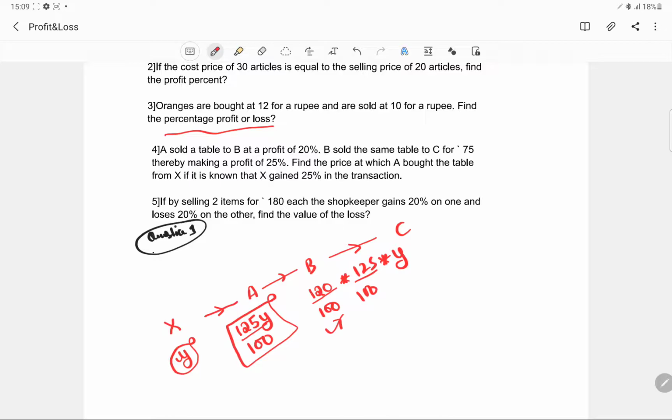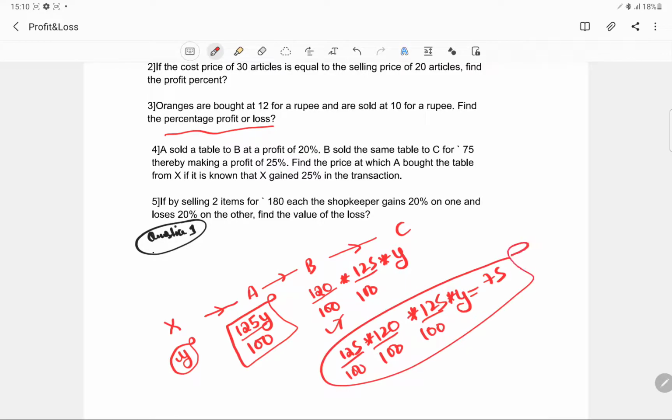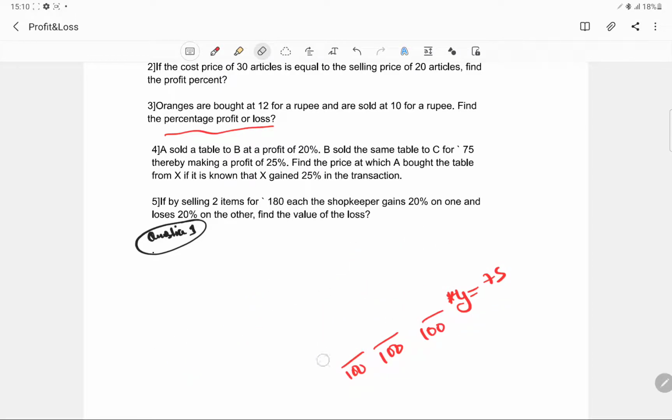Now C had to pay rupees 75, and this was actually 125 upon 100 of 120 upon 100 of 125 upon 100 into Y, and this is the Y that we are looking to calculate in this question. Now let's move forward.